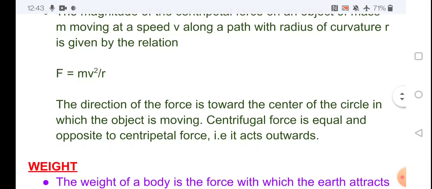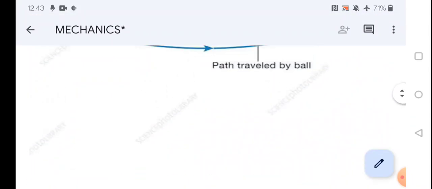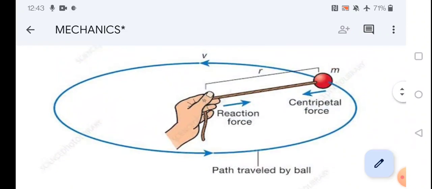Next, the direction of the force is towards the center of the circle in which an object is moving. I said already, the centripetal force always acts towards the center. That means the direction of the centripetal force is always towards the center.